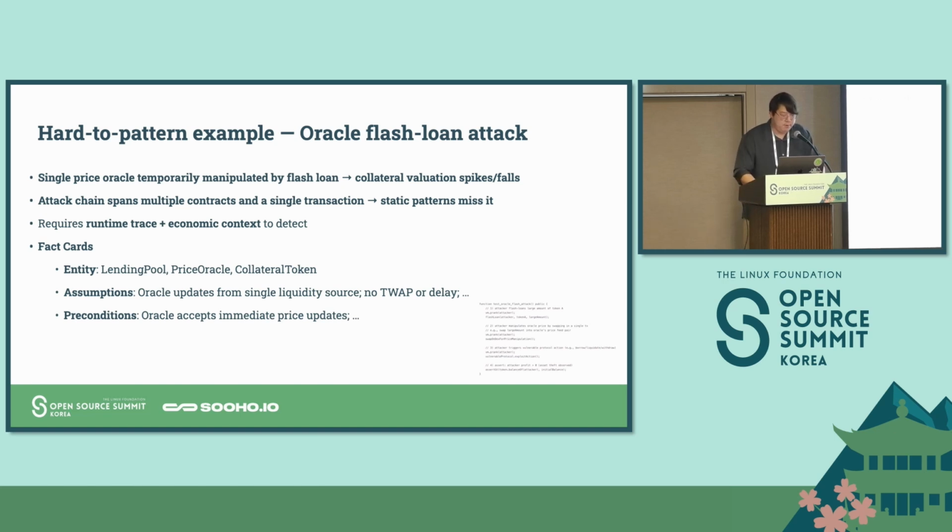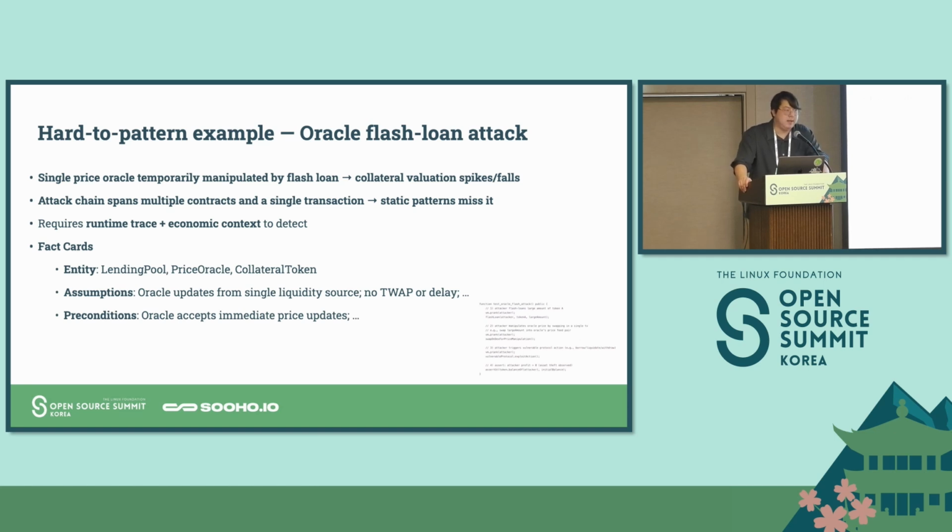For these cases, we produce a fact card that records the relevant entities, for example, lending pools, price oracle and collateral tokens. And the key assumptions, which are just some security assumptions, like no TWAP.